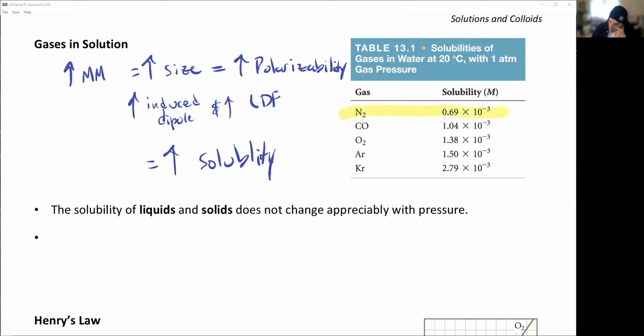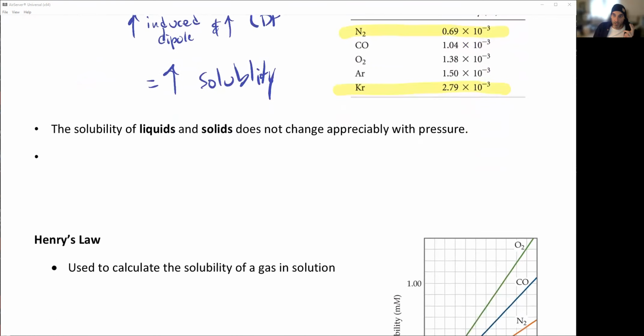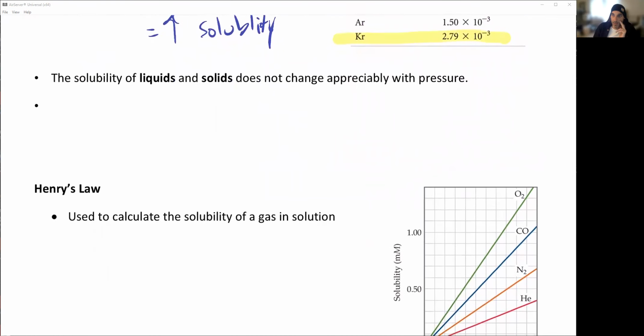And that is in fact exactly what we see. If we compare nitrogen to krypton, we notice that krypton is significantly more soluble than nitrogen is in solution. So gases are this kind of weird thing. The solubility of liquids and solids does not really change with pressure, but that is absolutely not true of gases.